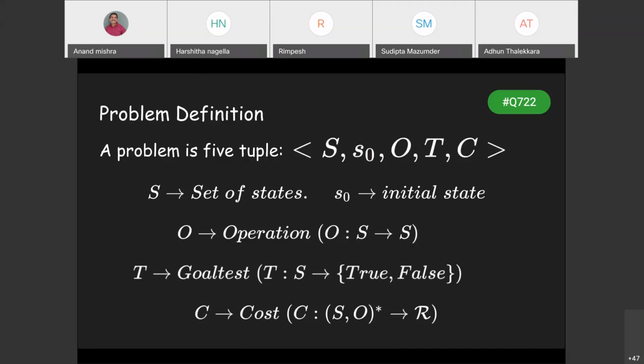Another thing is the cost, again a function from a sequence of states and operations to a real number. So that is how the problem is defined here.